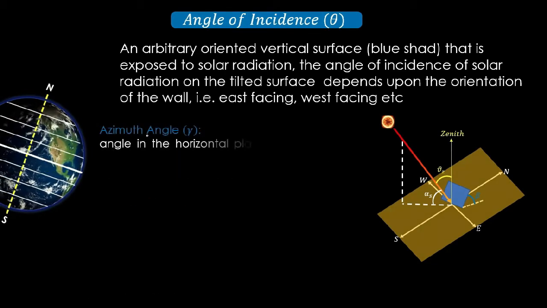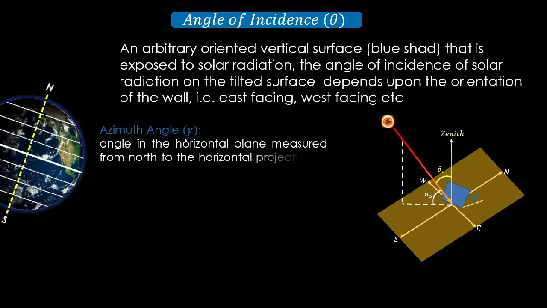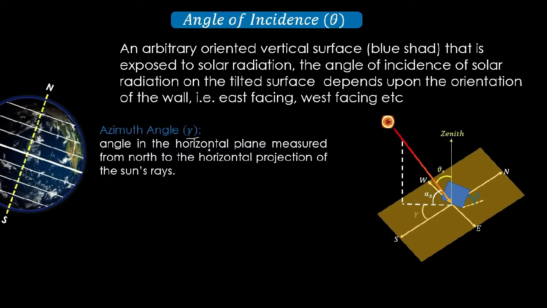Next is the azimuth angle, denoted with symbol gamma, the angle in the horizontal plane made from the north to the horizontal projection of the sun rays. Now this is the north-south on the horizontal surface, and this is the projection of the sun rays.